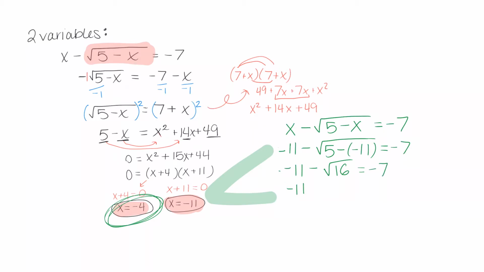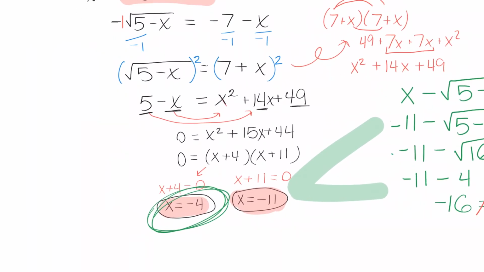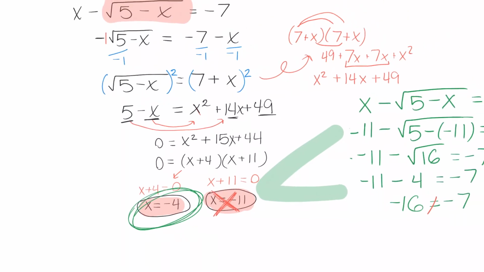So is negative 11 minus 4 negative 7? No, it's negative 16. So does negative 16 equal negative 7? Nope. Therefore, negative 11 is not an answer.